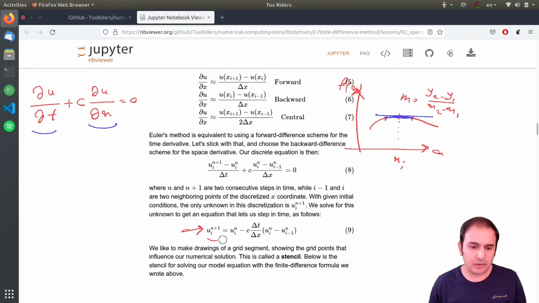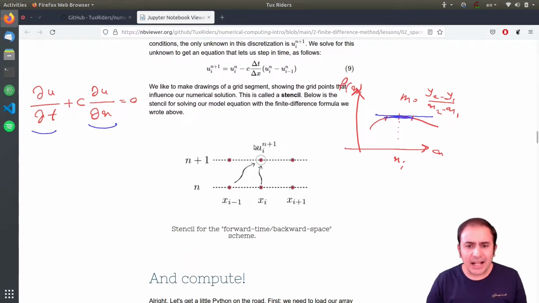This can be drawn using a concept called a stencil, demonstrated here: each value of u at coordinate i at time step n plus 1 depends on the previous time step, because it is a forward difference in time, and also on the value of u at the previous coordinate point in x.